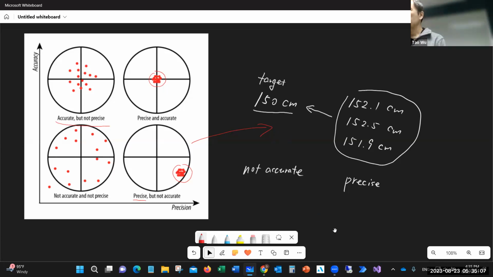So this is our first knowledge. And then we're going to talk about the next one, which is called SIGFIG, significant figures.